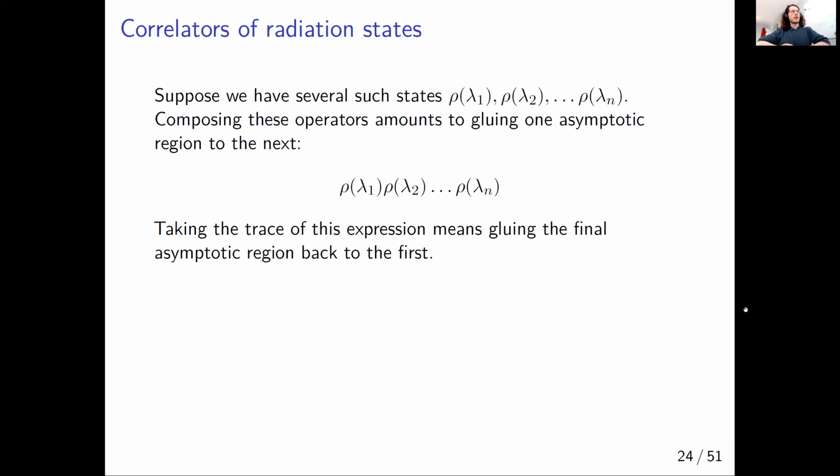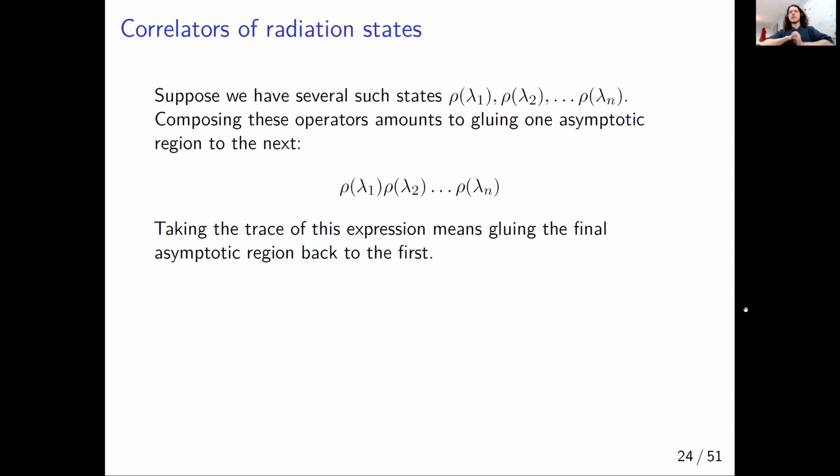So now suppose we have several such states of radiation corresponding to different possible boundary conditions. And this really means we have several copies of the system. If we compose these density operators one after the other, this means that we're gluing the asymptotic region of each copy to the next one.